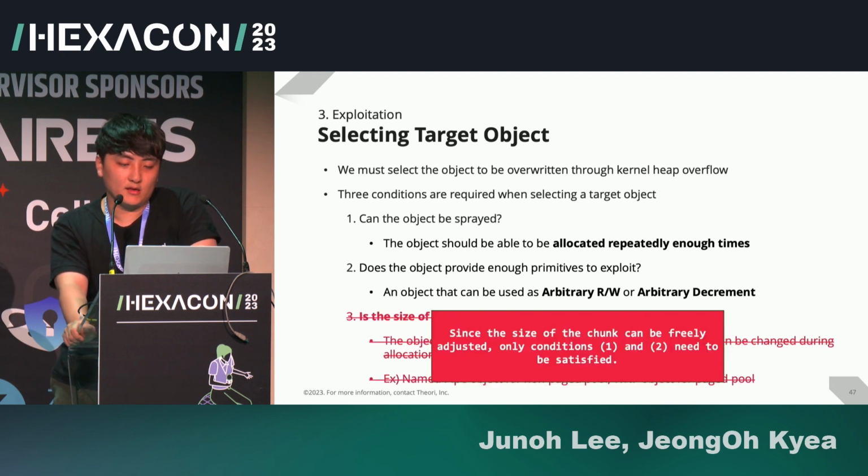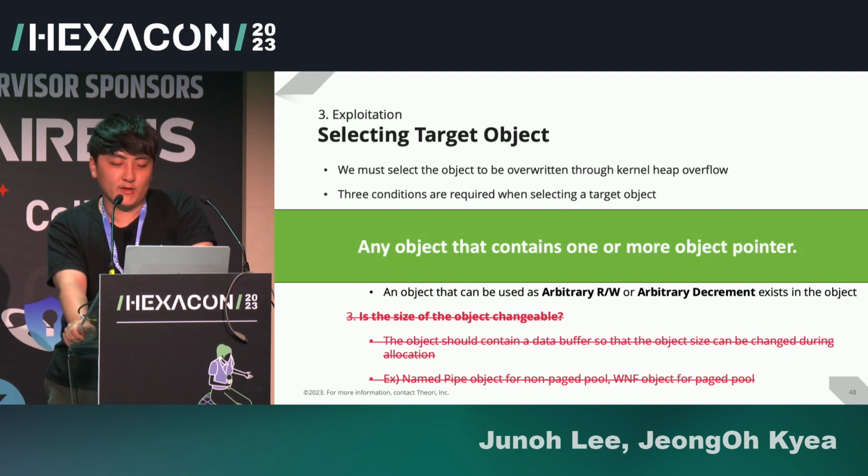However, in the case of this vulnerability, condition 3 is not necessary because the size of the chunk where the overflow occurs can be arbitrarily manipulated. Therefore, we only need to consider conditions 1 and 2.